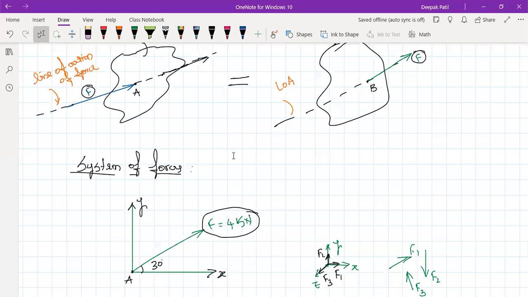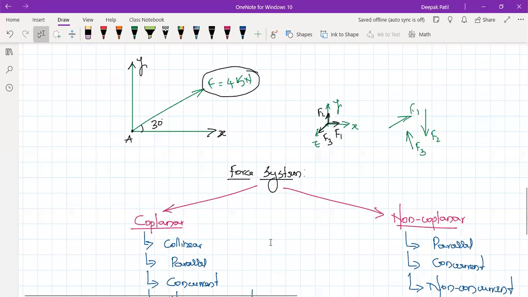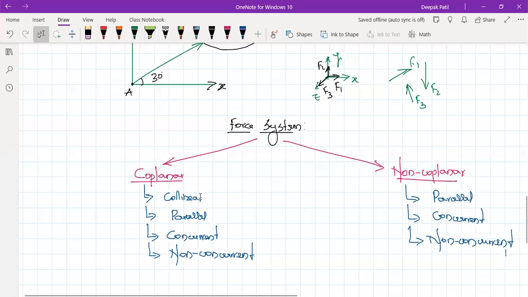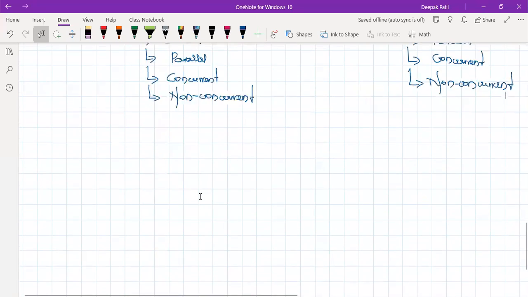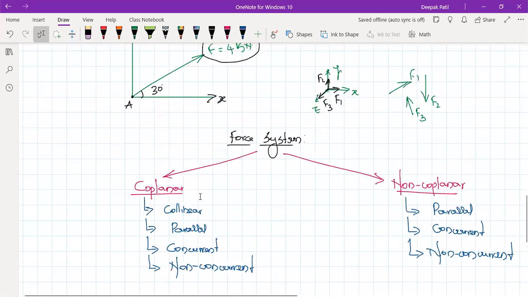Can you explain the non-coplanar once again? Okay, non-coplanar. Simple. Have you understood about coplanar? A coplanar force system is the one wherein all the forces lie in a single plane. For example, let me give you this kind of an example.